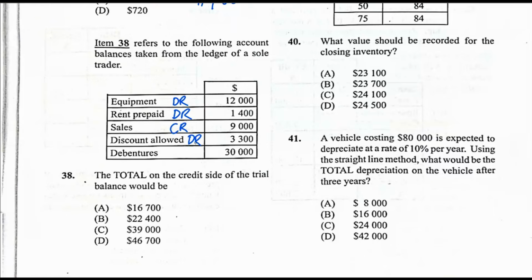And debentures is like a loan, where members of the general public purchase debentures from companies. Debentures are a long-term liability, falling under the finance section of the balance sheet as well. Credit balance. So let's check it out. Total on the credit side should be sales and debentures, $9,000. Great.